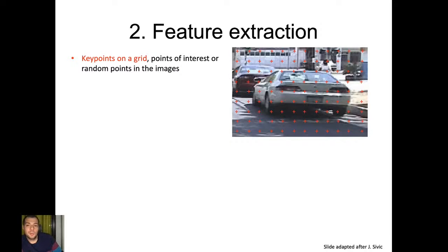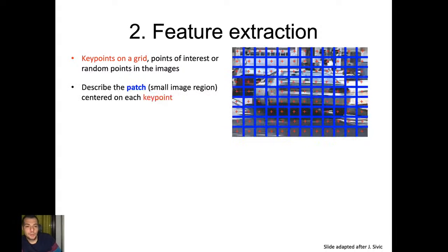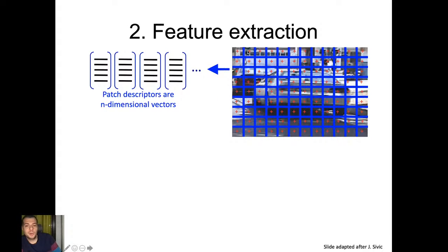So first we apply a grid of key points on the image, and for each key point we consider the corresponding patch that is centered in the key point, and we extract some features. So from this patch we can compute a vectorial representation that is robust to changes such as rotation, scale, and variation.